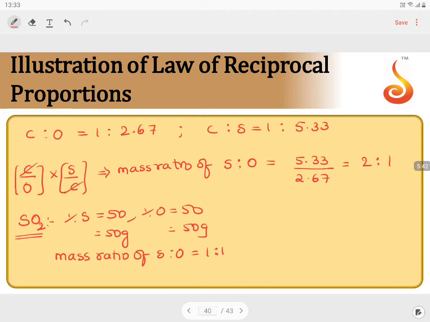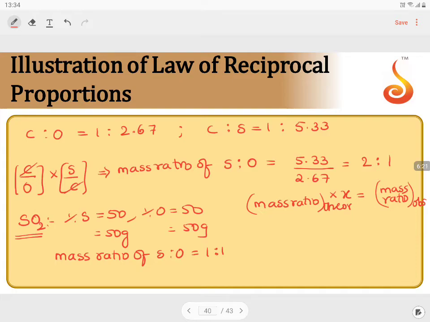The theoretical mass ratio should be either equal to the observed mass ratio, or it should be a simple multiple of each other. So this is multiplied by x, where x is some simple whole number ratio.